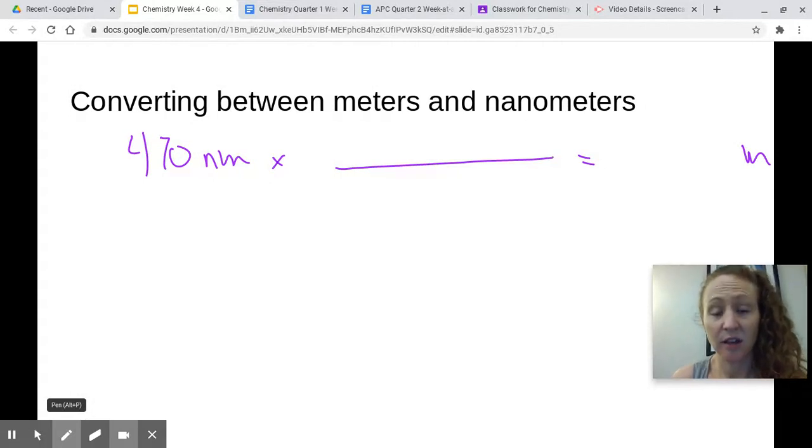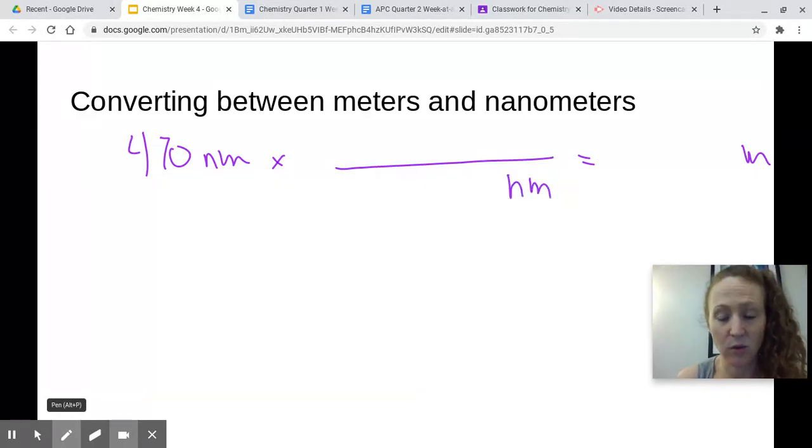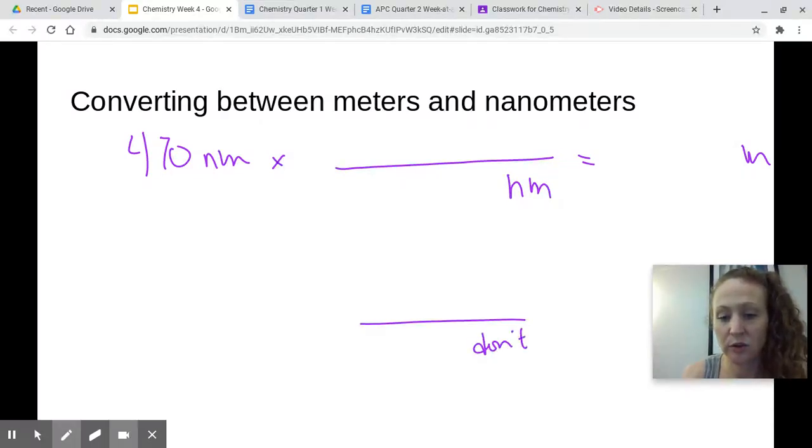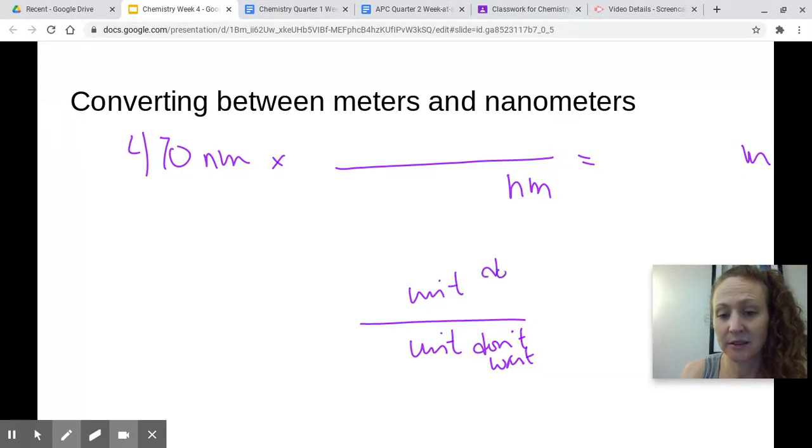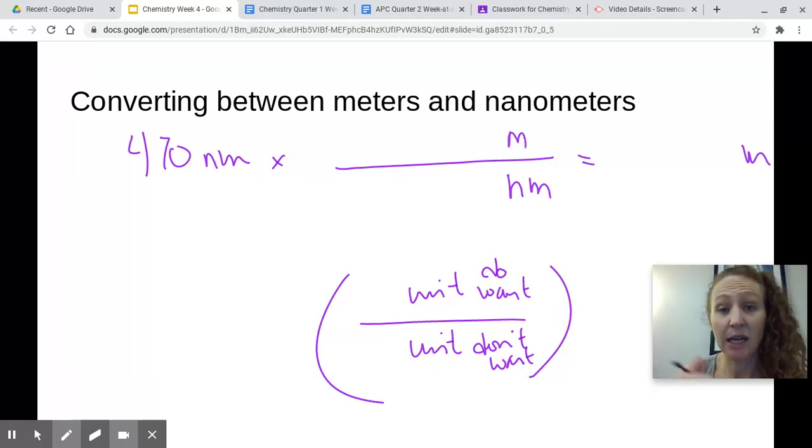The conversion factor is going to have the unit that I don't want on the bottom. I don't want nanometers anymore, so nanometers goes on the bottom. The unit that I do want goes on the top. I do want meters. It's going to get me out of nanometers into meters.